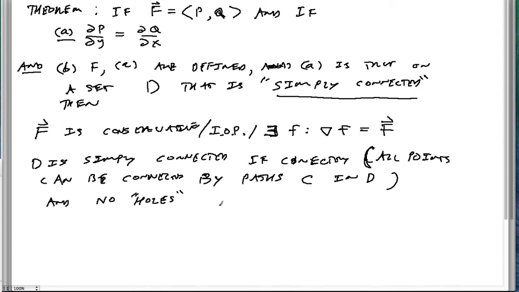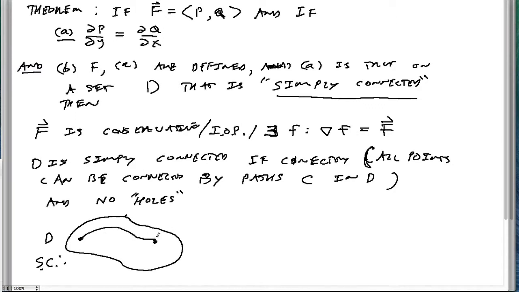What do we mean by holes? And again, we're thinking about a set like this. So D here is simply connected, and if I have a point here and here, any 2 points, I can always draw a path between the 2 points, and the path itself is also inside of D. All right, so here's a not simply connected.